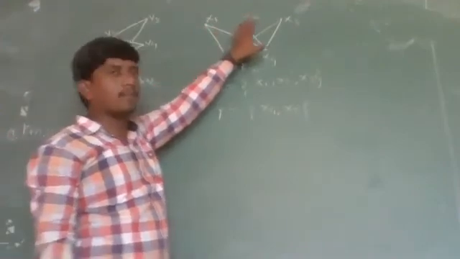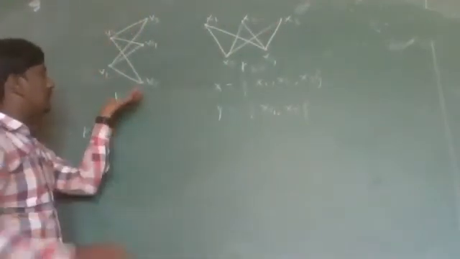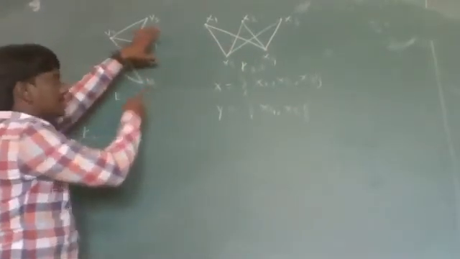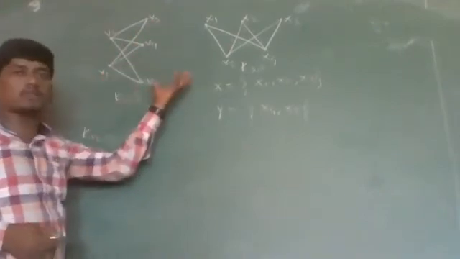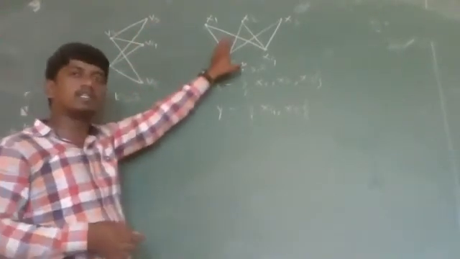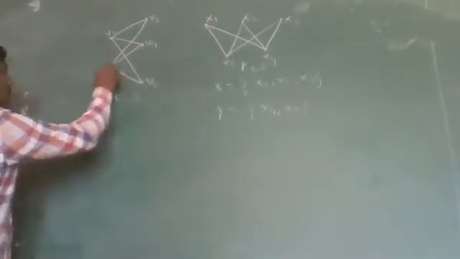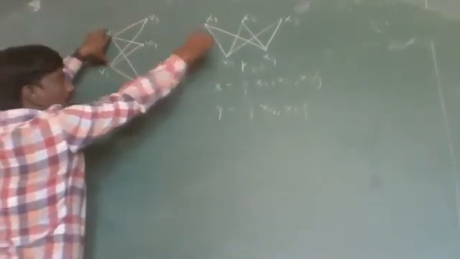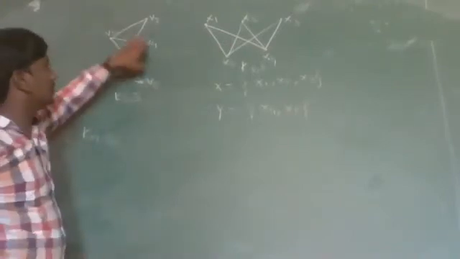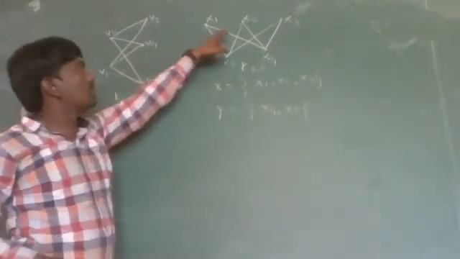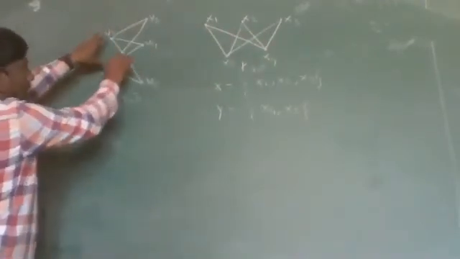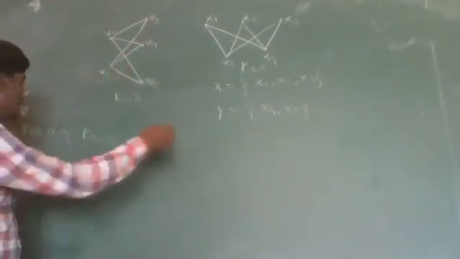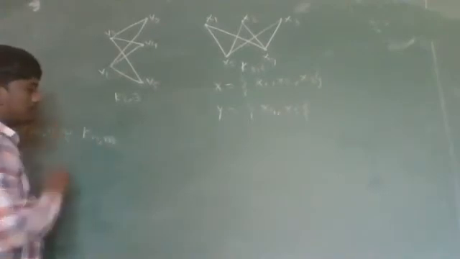So this one is again a complete bipartite graph. Now we have to check whether K23 is isomorphic to K32. By the definition of isomorphic graphs, two graphs are isomorphic if there is a one-to-one correspondence between the vertex sets and edge sets of both graphs. Here vertex V1 is paired with vertex X4 and vertex V2 is paired with vertex X5. Similarly, vertices V3, V4, V5 are paired with vertices X1, X2, X3. So by the definition, these two graphs K23 and K32 are isomorphic. From this we can conclude that any K(m,n) is isomorphic to K(n,m).